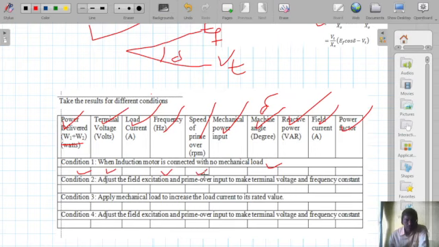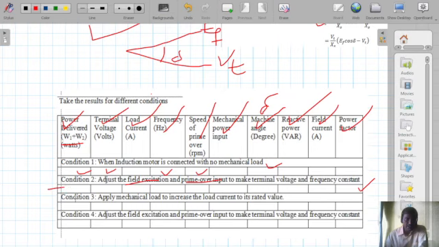Now to maintain the voltage and speed at the rated, we have to adjust the field excitation and prime mover input, and we have to take all these parameters for this steady operation when voltage and frequency are at their rated.